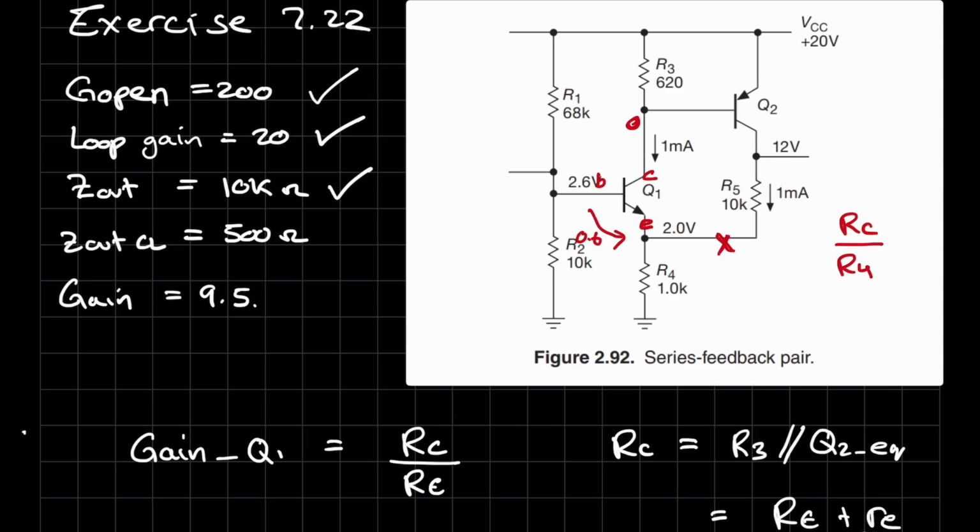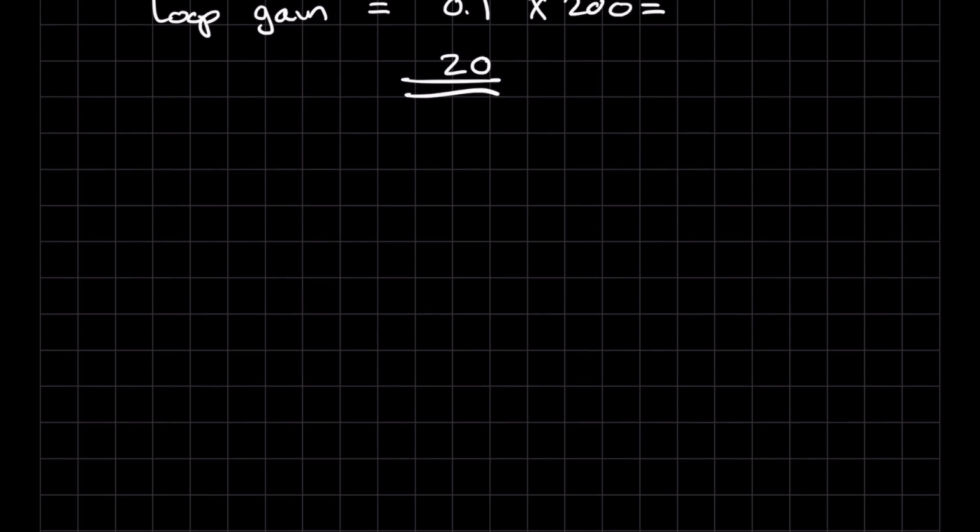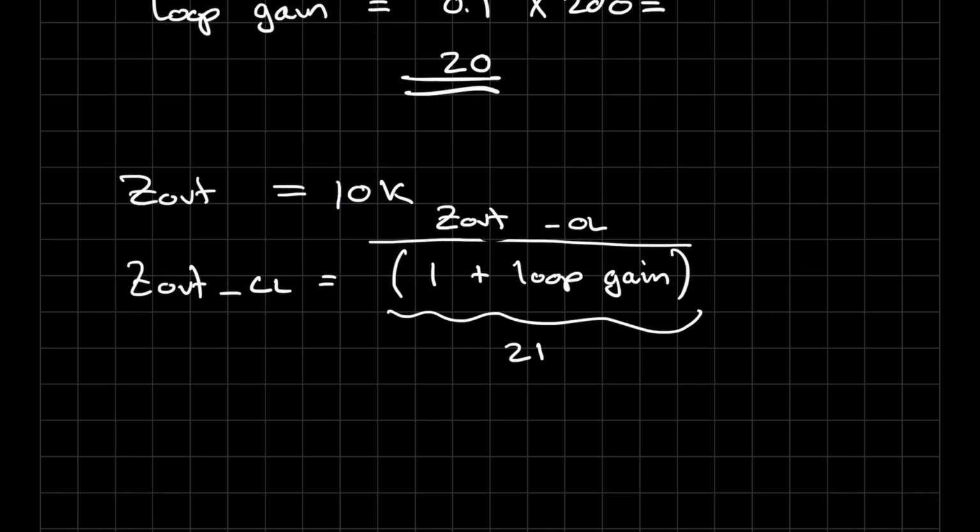Next, we can calculate the closed loop output impedance, which is basically reduced by 1 plus the loop gain. So our output impedance for open loop was equal to 10,000 ohms. Our loop gain is 20. Our closed loop output impedance is going to be the open loop output impedance divided by 1 plus the loop gain.